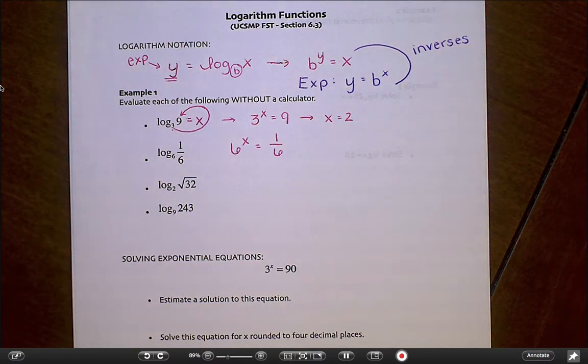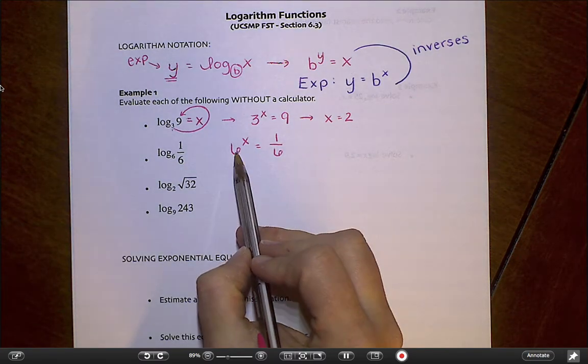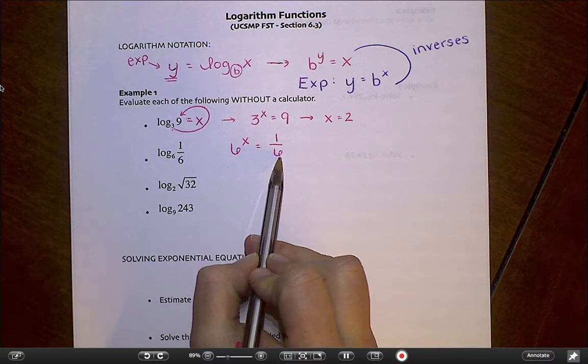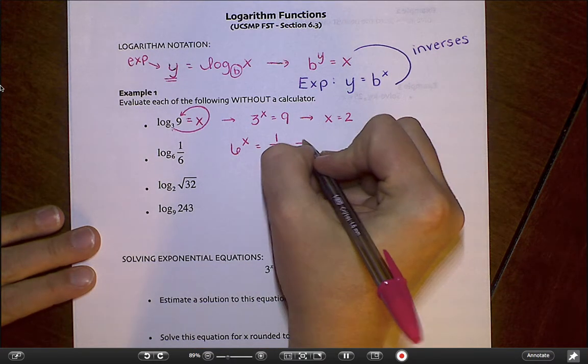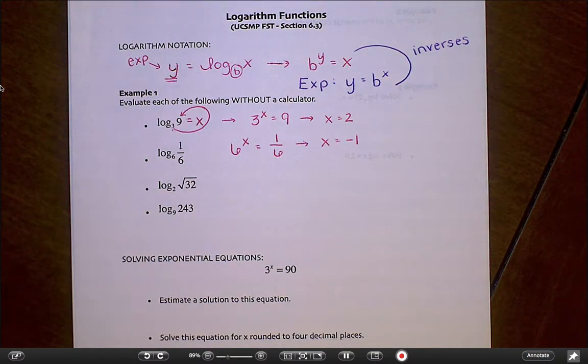And so you may have to think about some of our exponent rules that we reviewed yesterday. What kind of exponent is it that turns a whole number into a fraction like that? That would be a negative exponent. And since my 6 didn't change from here to here, that must be a power of 1. So I would say this is x equals negative 1. Okay?